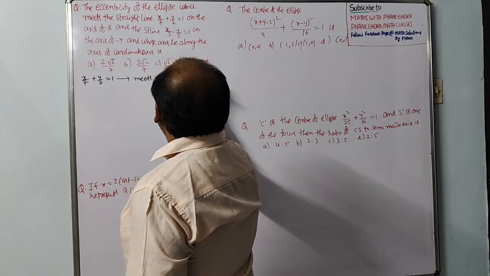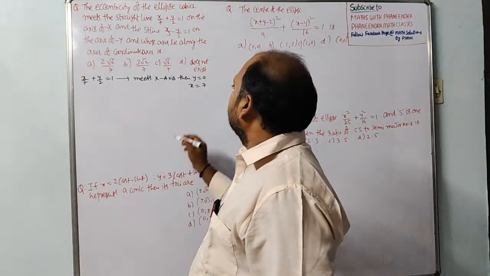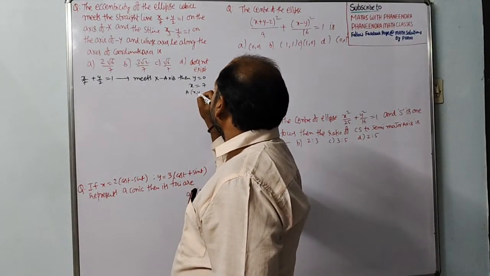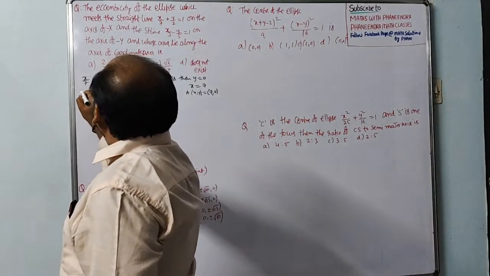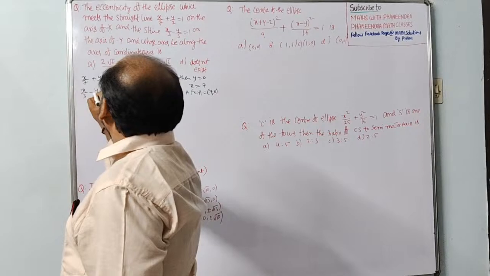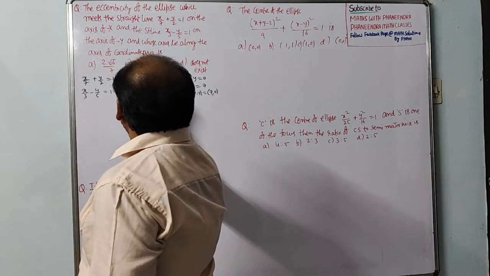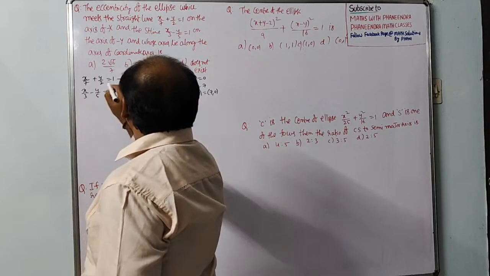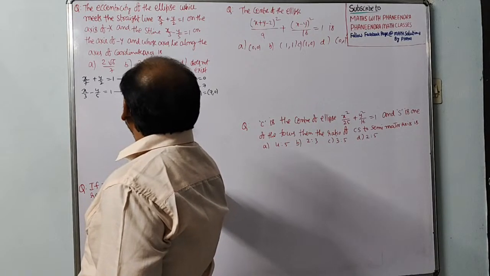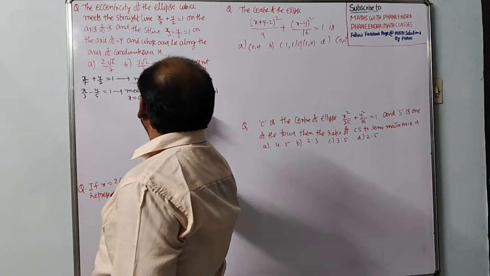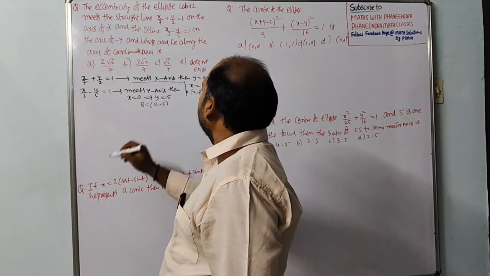Then y equal to 0, so x equal to 7, and the point becomes 7 comma 0. Similarly, x by 3 minus y by 5 equal to 1 meets the y axis. Then x equal to 0, which implies y equal to minus 5. So the point B is 0 comma minus 5.